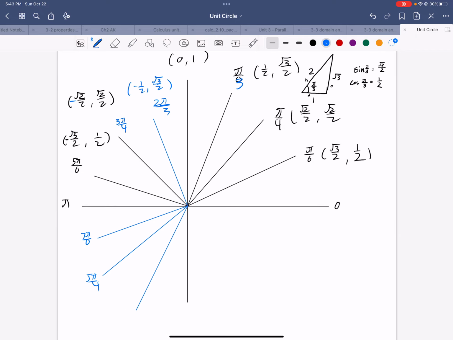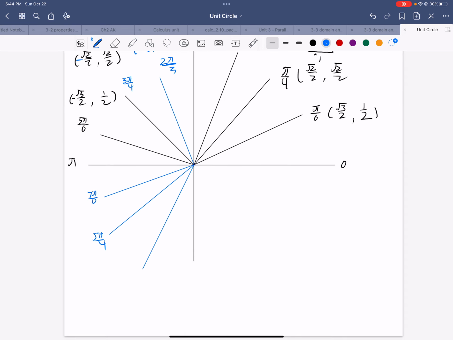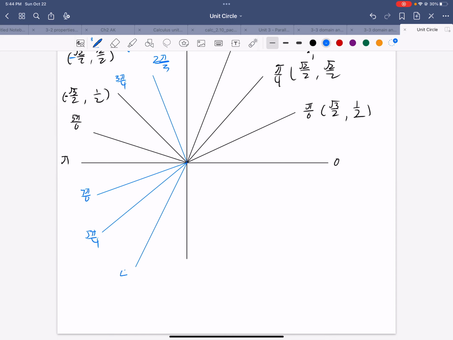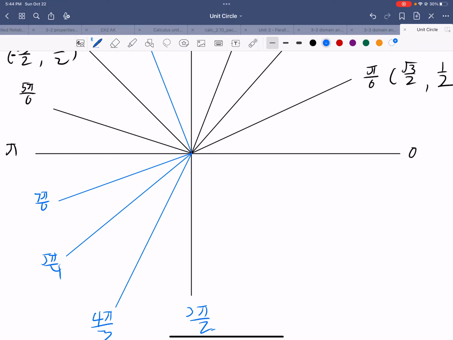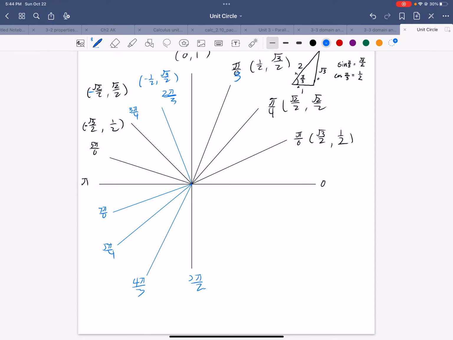So this one is after this one, so it's gonna be 4 pi over 3, I believe, because that's 3 pi over 2, right? Yeah, 4 pi over 3, because that's over pi.